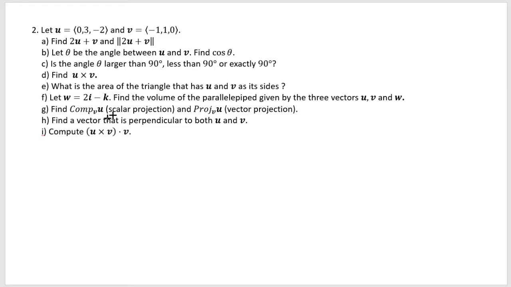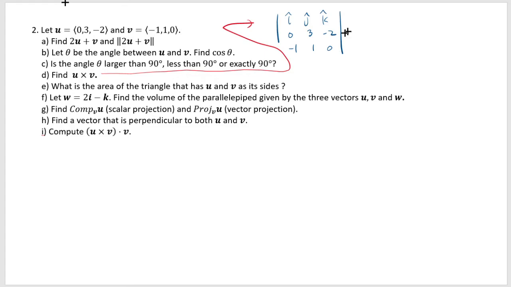Okay, let's continue. How do you get the cross product? Well, cross products are computed using the formula, which is I, J, K, then you have 0, 3, -2, -1, 1, 0. And then you do a row expansion.